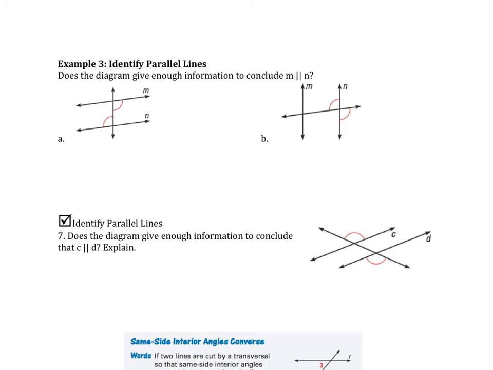So looking at identifying if we have parallel lines. In example A, I have alternate interior angles congruent. So yes, lines are parallel. In the second example, I have nothing angle-wise off of line M. So I don't know anything about them.